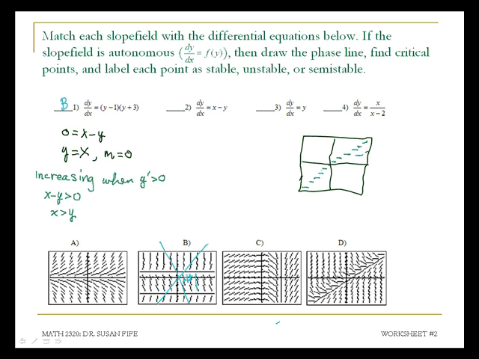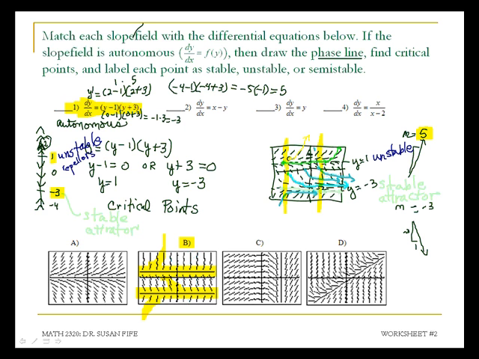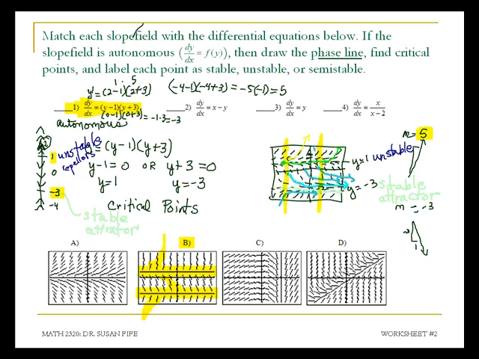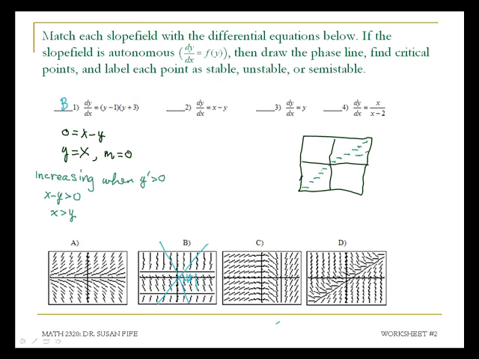Here, if I go back to our guidelines, the first question says, what happens when x is 0 and when y is 0 along the axes? So this one, because my slope depends upon both x and y, I can determine those slopes. When x equals 0, my derivative is just negative y.